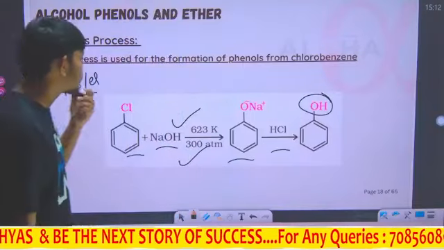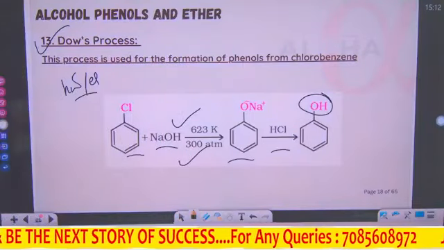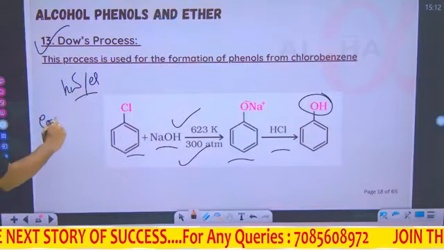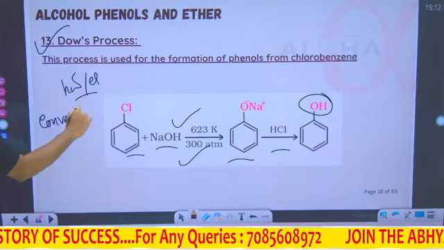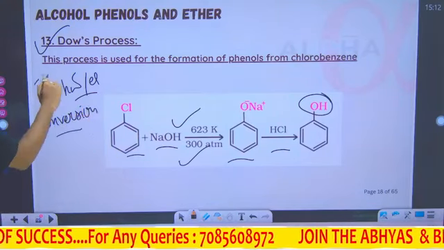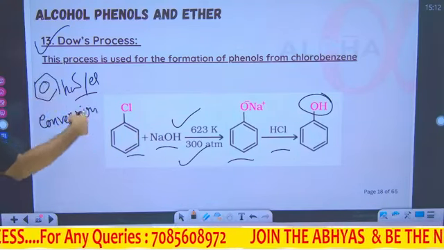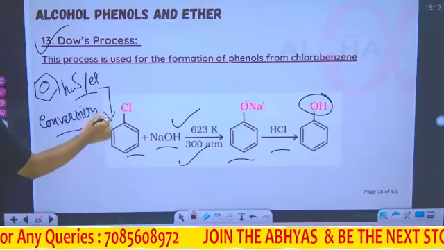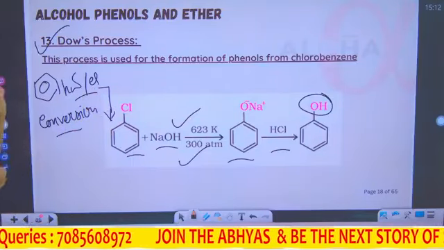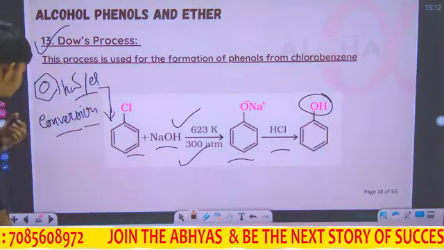Simple. So this is your Dow's process. In many conversions, you may need this. How do you get chlorobenzene? Basic one. So you need the Gattermann or Sandmeyer conversion.